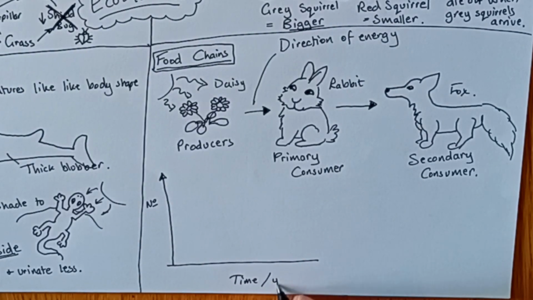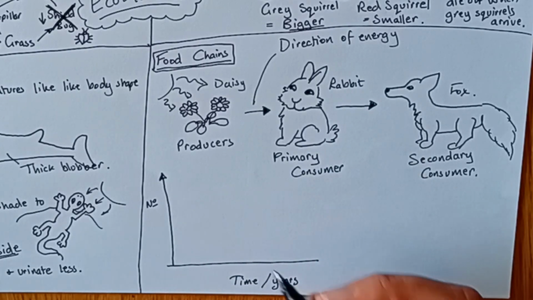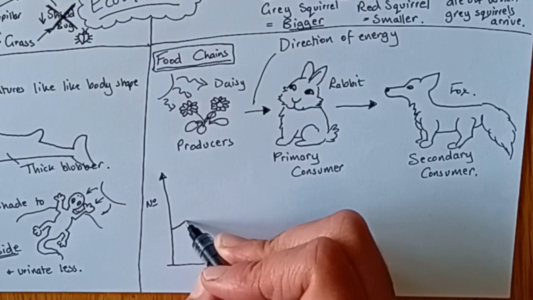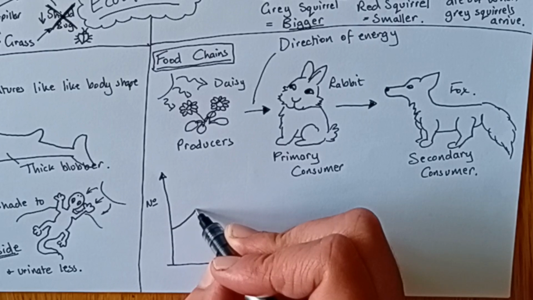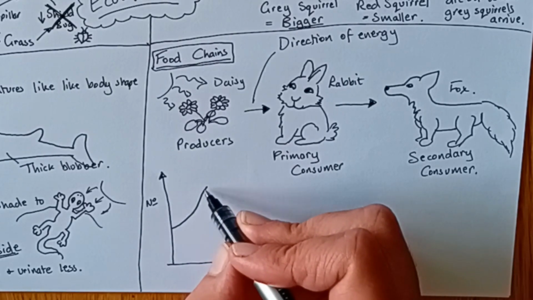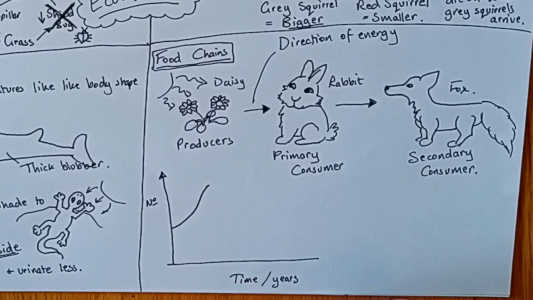And this is usually in years, because it takes a long time for populations of rabbits to increase and foxes to increase. So the solid line is going to be the rabbits. Let's say it's been a good summer, there's lots of food, the rabbits have more babies, and more babies survive because there's more food. And the dotted line is going to be the foxes.